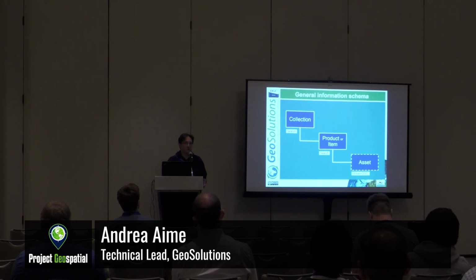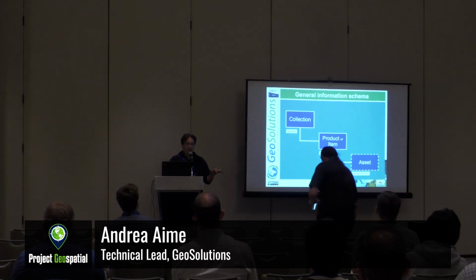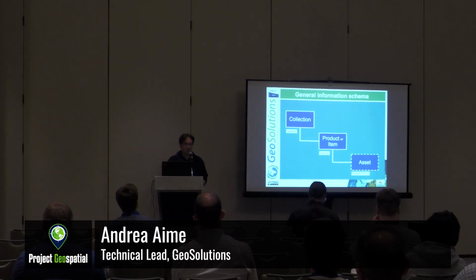Each collection contains one or more items or products, which are typically satellite takes, scenes, strips, whatever. And then each product relates to a number of assets, which are your raster files, the metadata files, the cloud and snow masks, whatever you might have in your product.